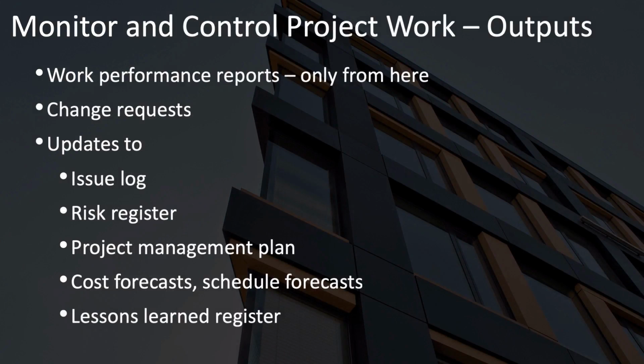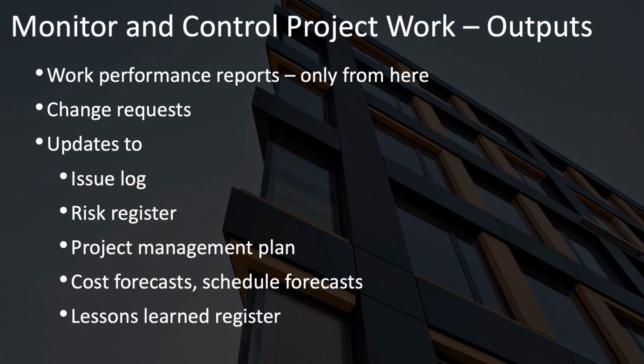The primary output of monitor and control project work is the work performance reports, which are generated only from this process because it gathers information from all of the other monitoring and controlling processes and combines them into work performance reports here.